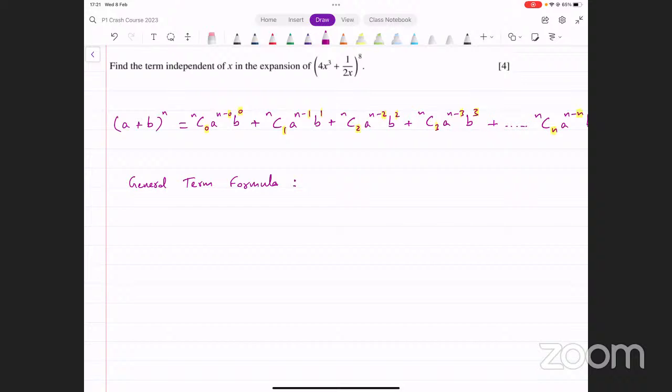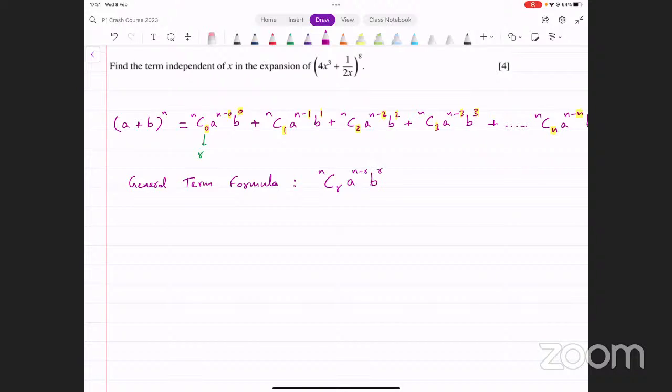What is happening in every term here? This one number is changing. What we do is we call this number R, the number that is changing with every term. If you were to call this number R, the general term formula is going to look like this: nCr a raised to power n minus r into b raised to power r.